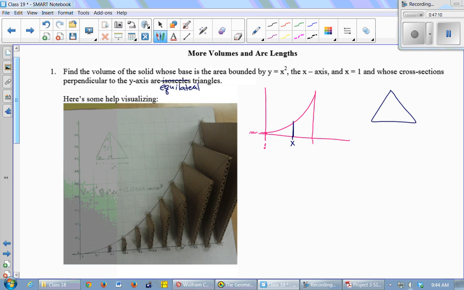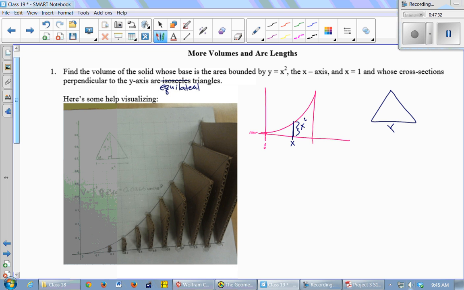And then I need to know how high that is, which is what? The length of that purple line. X squared, yeah. At any x value, you can find the height there by plugging into the formula for that curve, x squared.